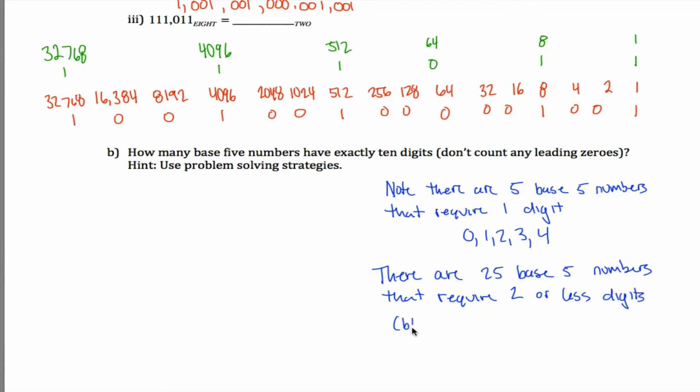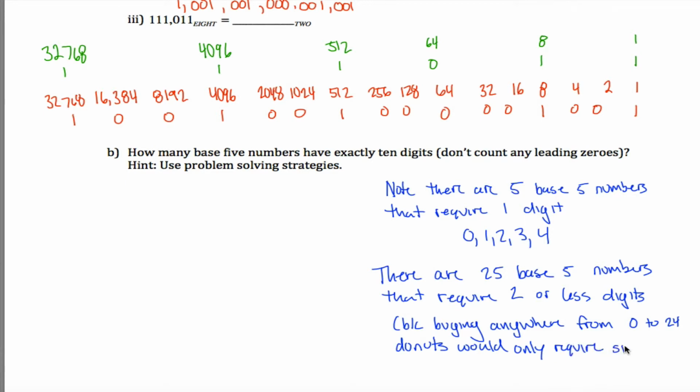Maybe because buying anywhere from 0 to 24 donuts would only require, I don't know, singles and small boxes.